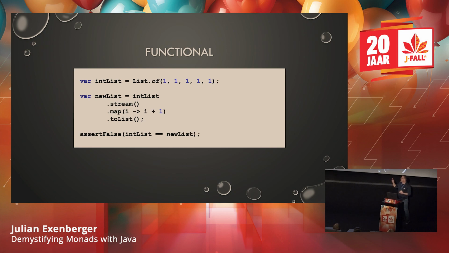The important thing to note is that int list and new list are not the same object, right? So I've effectively created a new list, and I've transformed the values in the old list into the new list.